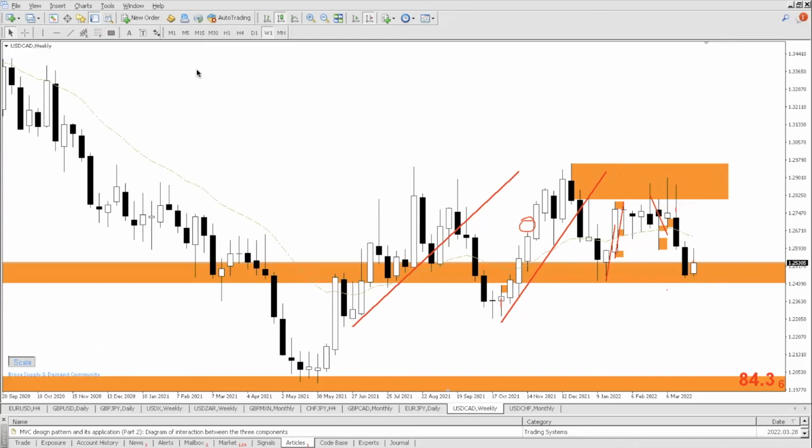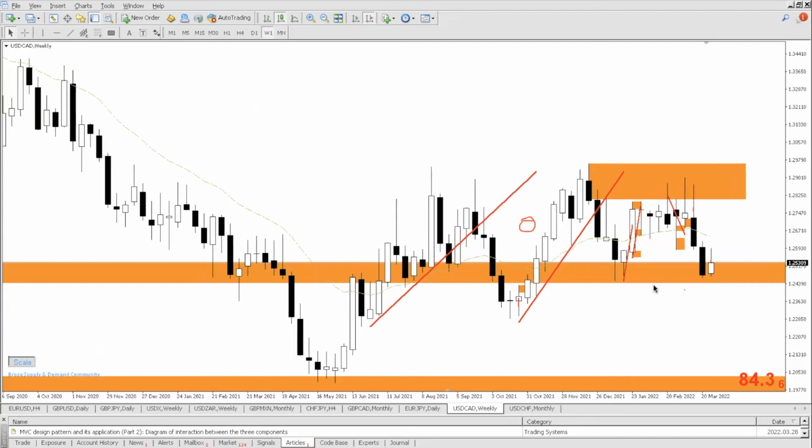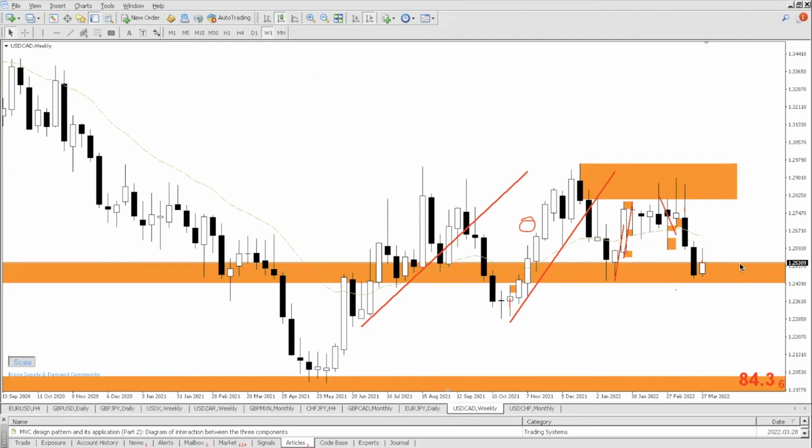So as it stands, with this pair, before you can take any position, you have to wait for this area to be removed, this one. Okay, if this area is removed, why?